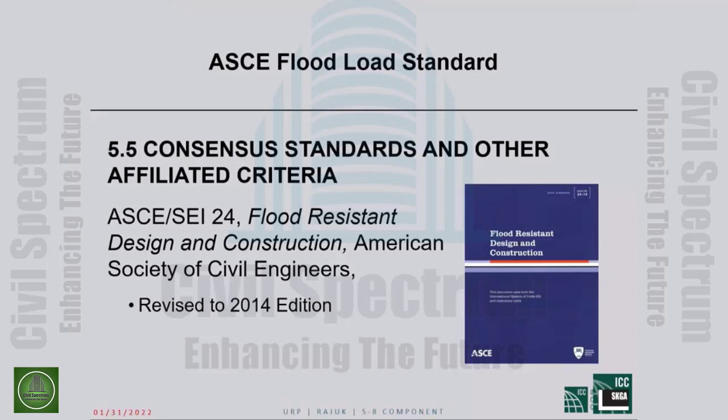This was developed with FEMA money, and anyway, this standard talks about hydrostatic loads, hydrodynamic loads, debris impact, which is a major thing when there is storm surge, and also scour of the foundation, which is another huge problem.